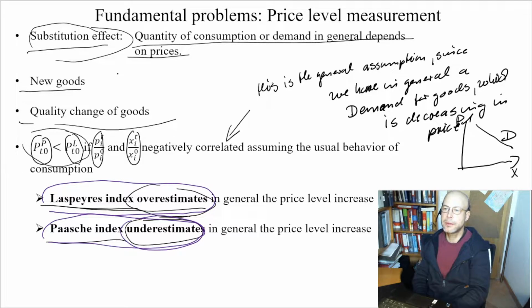Well, what can we do? If we have one index which is overestimating what we want to estimate, and the other index is underestimating it, what is then a logical idea? Well, we take the mean of these two estimators.